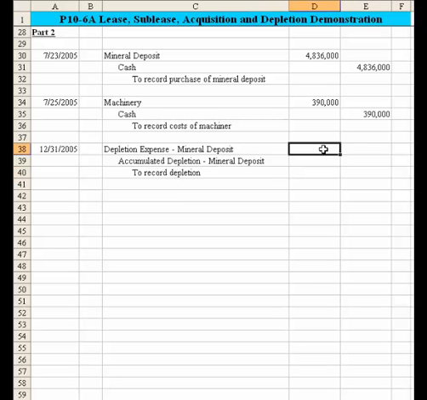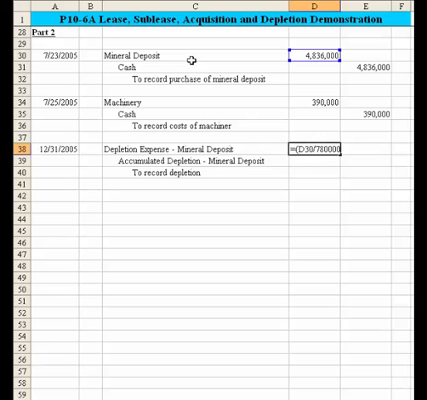Okay, so what's the dollar amount? Well, the dollar amount we know is going to be equal to the cost given in that cell right there, right? And then we need to divide that by the number of tons, which I believe was 7,800,000, and that determines our cost per ton.